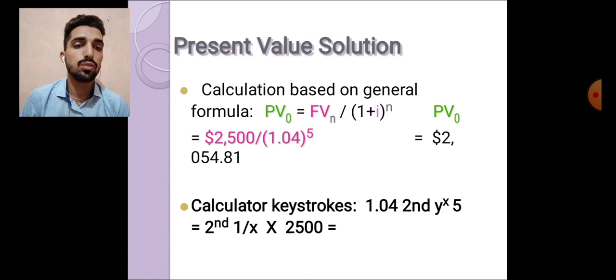Calculator keystrokes: 1.04, second y to the x, 5, second 1 over x, multiply by 2,500.